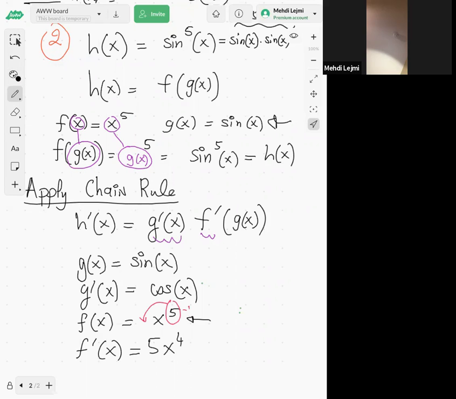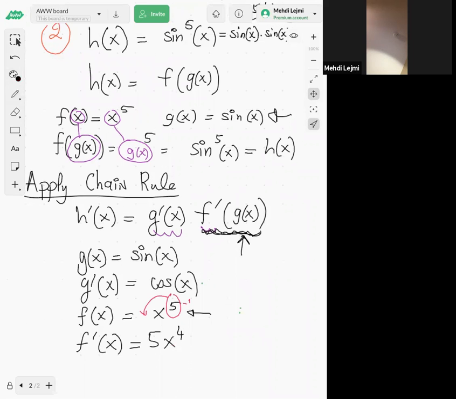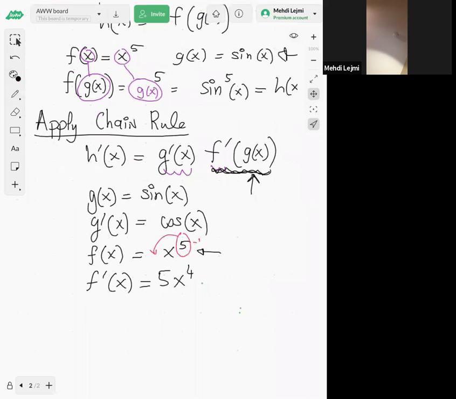But you see, guys, in the chain formula, it's not f prime of x, it's f prime of g. So between the parentheses, it's not just x, it's g of x. So here I need to substitute this x by g of x, because that's what I have in the formula.